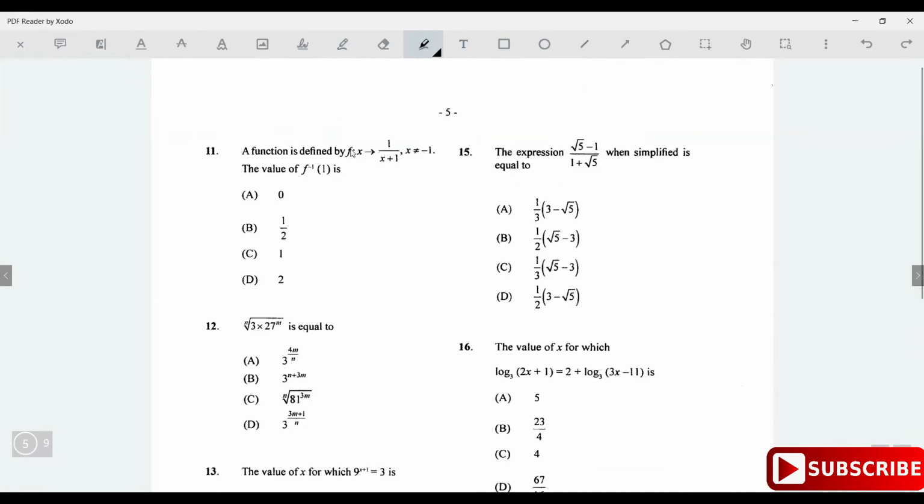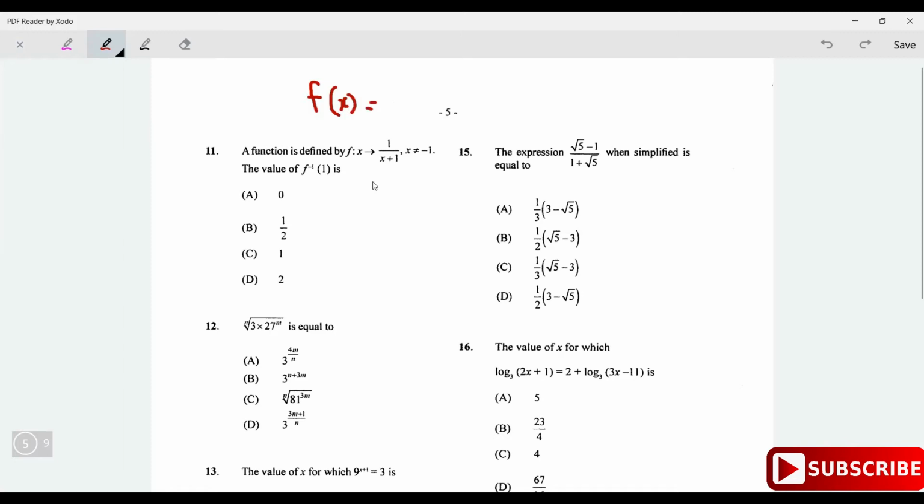All right, it says now f of x is 1 over x plus 1. What is f inverse of 1? To find f inverse of 1, all you need to do is solve f of x equal to 1.